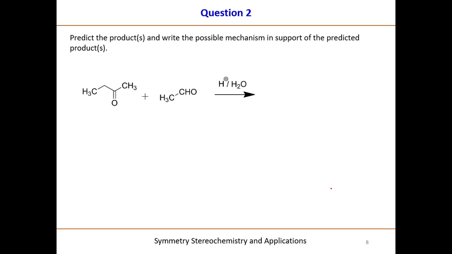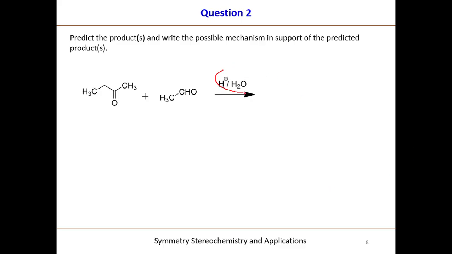This is question number 2 of the assignment. Here the question is: predict the product and write the possible mechanism in support of the predicted product. So first we have to find out the product, then we have to write the mechanism for the product formation. As all of you can see here, we have acidic condition.